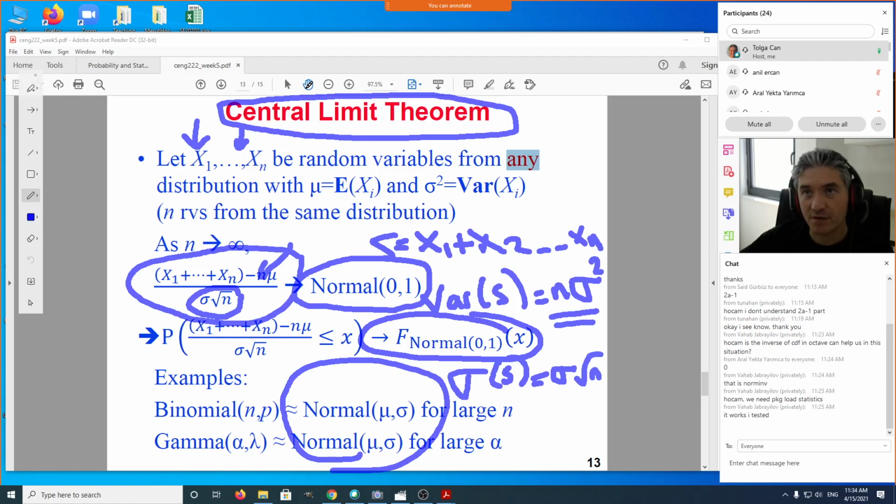We have to be careful about, again, continuous versus discrete in this case. When we are asked point probabilities about binomial, for example, what is the probability of obtaining exactly 5 successes in 10 tries? If you try to use normal approximation for that, x equal to 5, that probability is going to be 0 in the continuous case, right?